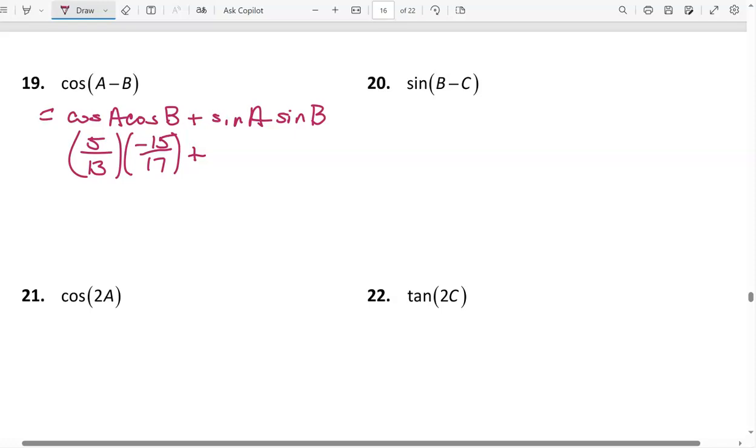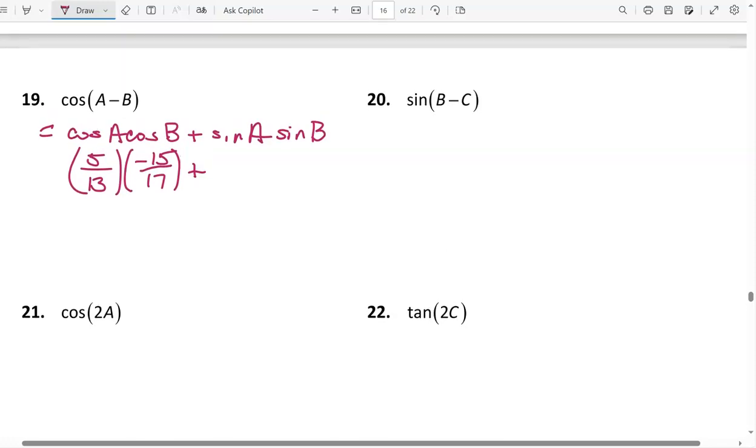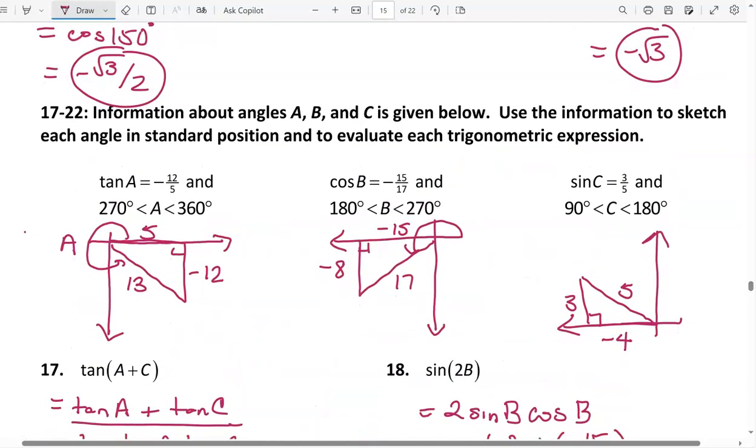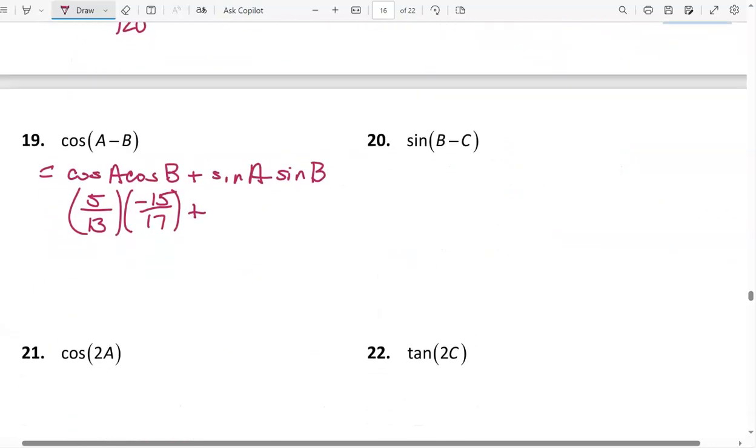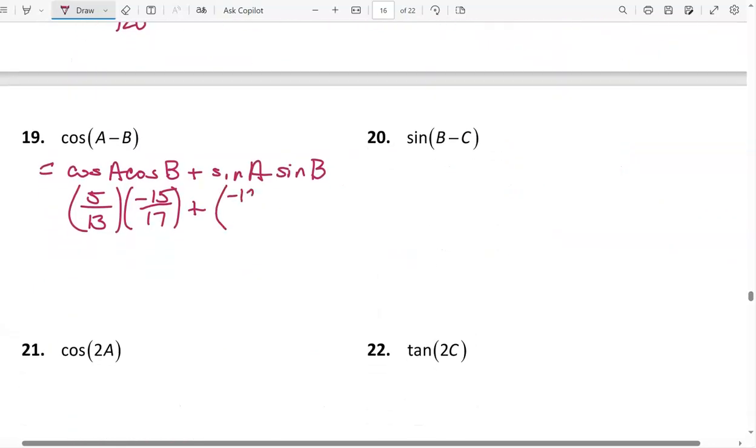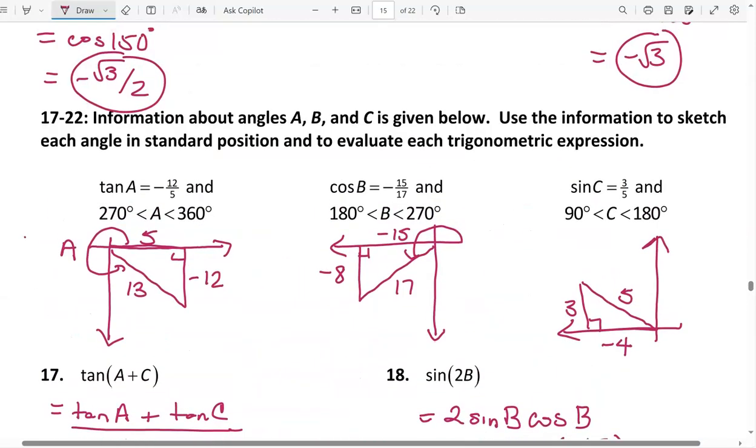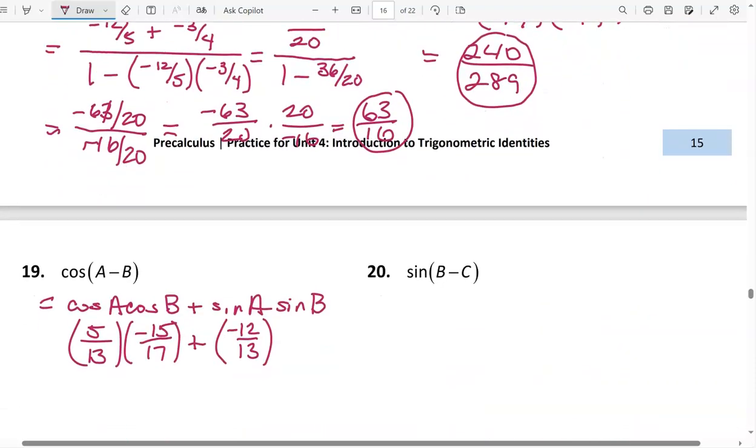And sine of A is negative 12/13. And sine of B is negative 8/17.